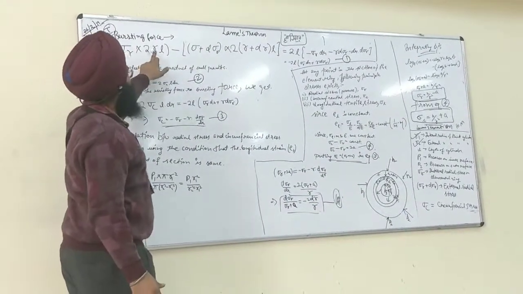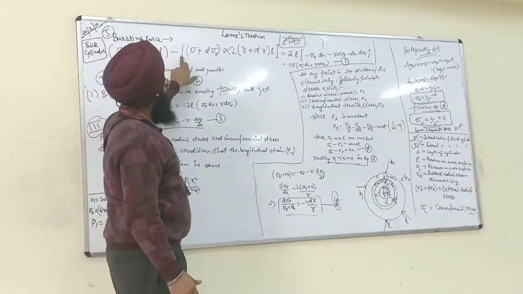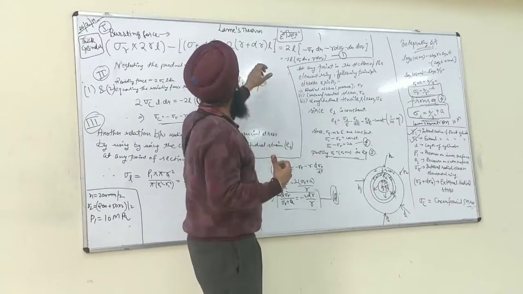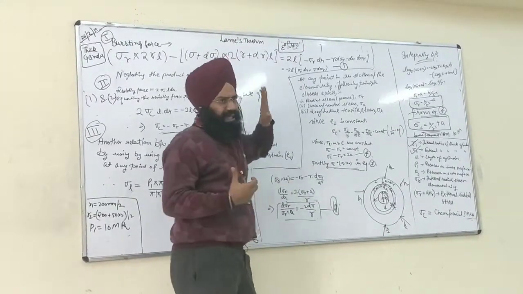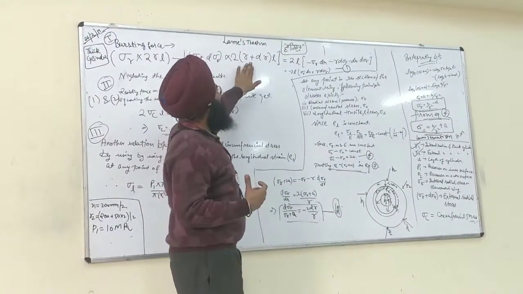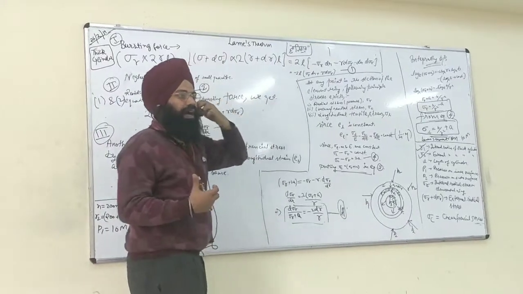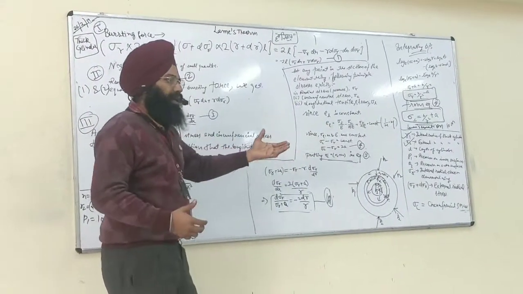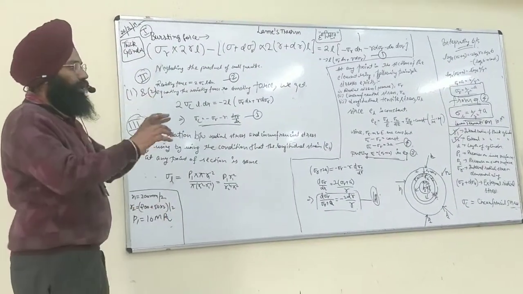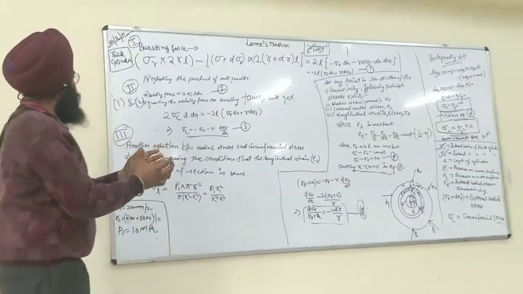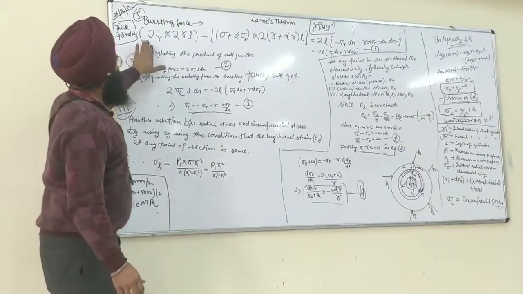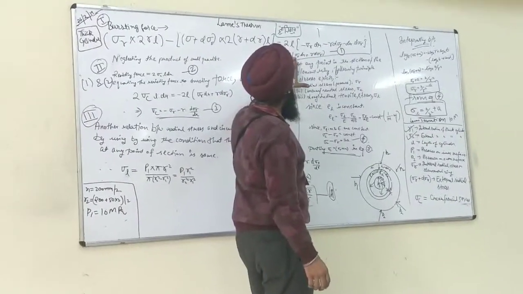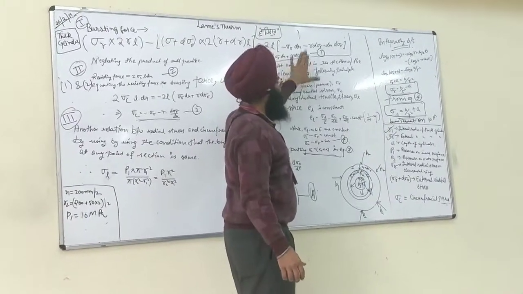Stress r, 2R into L, minus stress r plus dr, which is the stress value for the small section we assumed, into the area of the section, R plus dr into L. Why have we taken twice? Because of the thickness, so we take twice to include the whole section. Now this is the quantity. On solving it, we get this relationship: minus 2L times stress r plus dr plus R into dr.